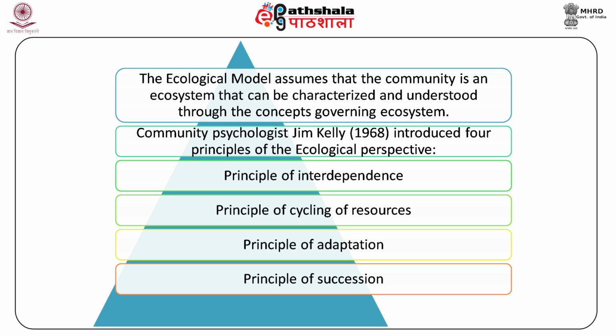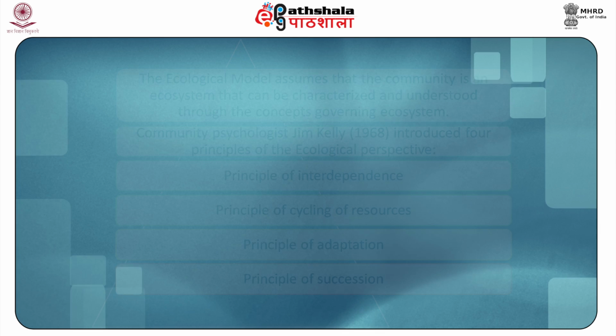Let me talk about the principles of ecology next. The ecological model assumes that the community is an ecosystem that can be characterized and understood through the concepts governing ecosystem. Community psychologist Jim Kelly in 1968 introduced 4 principles of the ecological perspective.